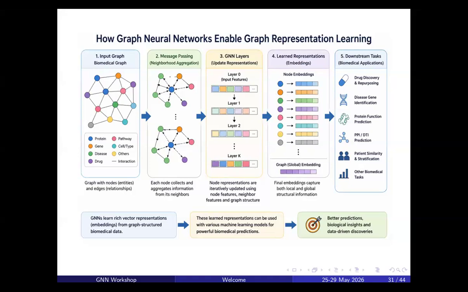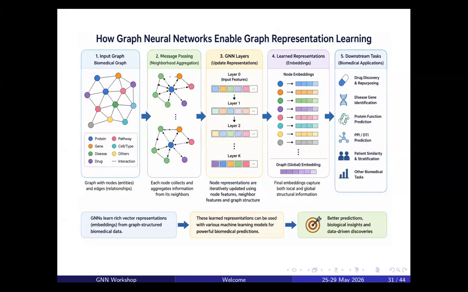If you want to represent an edge embedding, you can add two node embeddings, or you can do an element-wise multiplication of the two node embeddings to get the edge embedding. Or if you take the average of all the node embeddings, you will get the graph embedding.